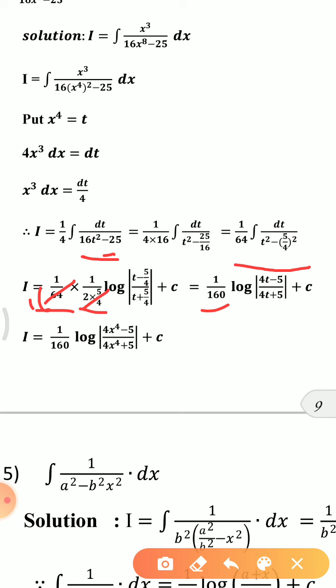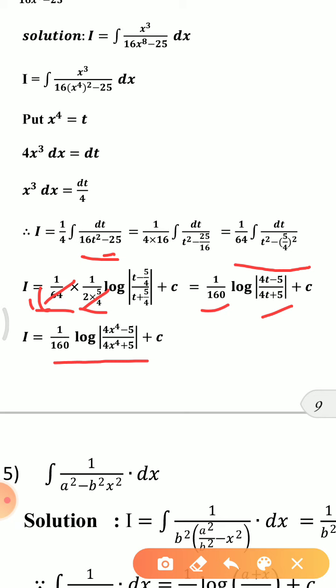After the calculation, 1 upon 160 log of, multiplying numerator and denominator by 4, 4t minus 5 upon 4t plus 5, that means 1 upon 160 log of mod of 4t minus 5 upon 4t plus 5 plus c. Substituting the value of t, the answer becomes I is equal to 1 upon 160 log of mod of 4x raised to 4 minus 5 upon 4x raised to 4 plus 5 plus c.